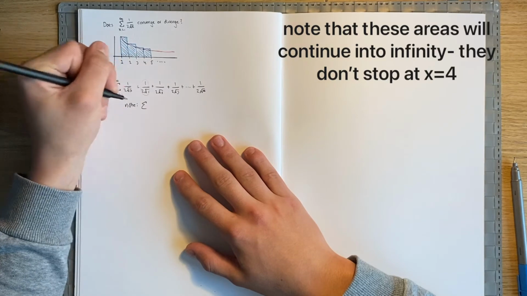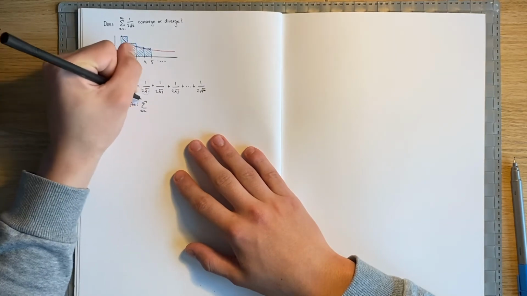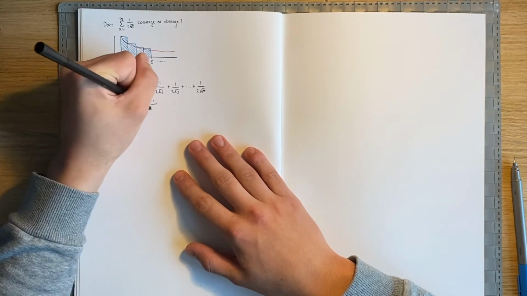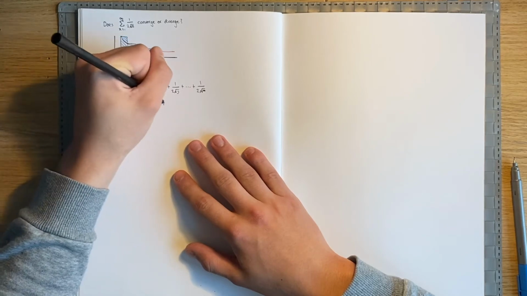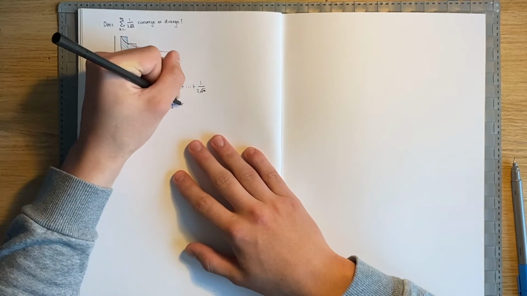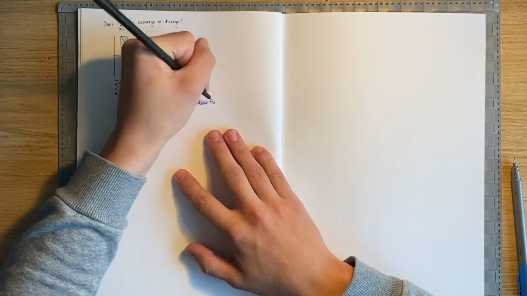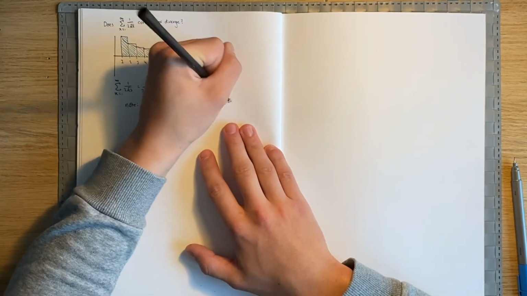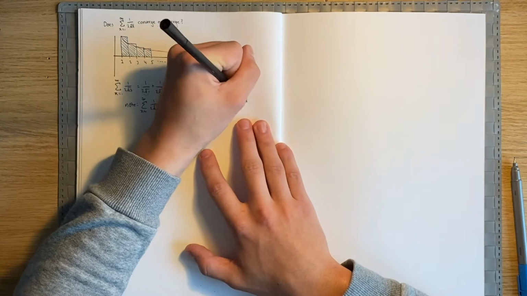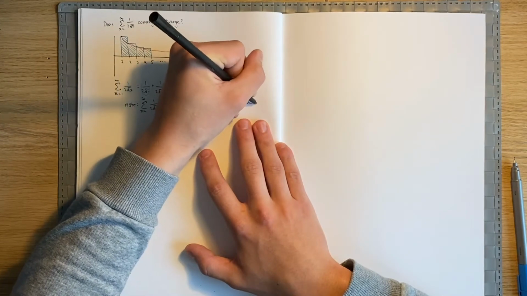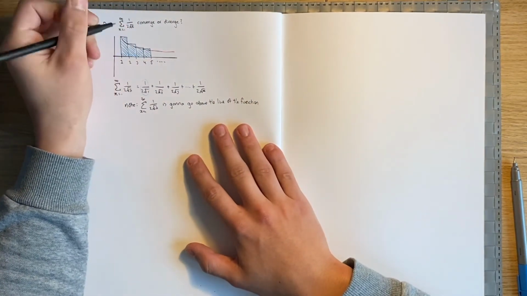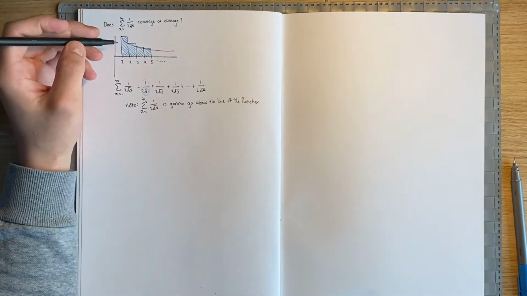So let's note that the summation from x equals 1 to infinity of 1 over 2 square root x is going to go above the line of the function. This is the line of the function here, 1 over 2 square root x.